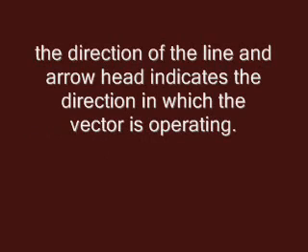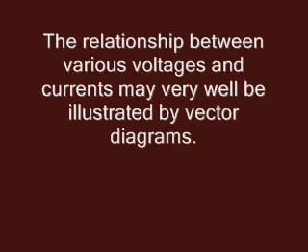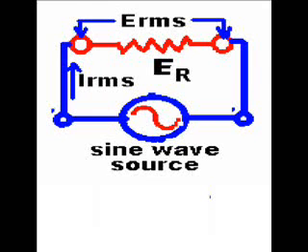The direction of the line and arrowhead indicates the direction in which the vector is operating. The relationship between various voltages and currents may very well be illustrated by vector diagrams.